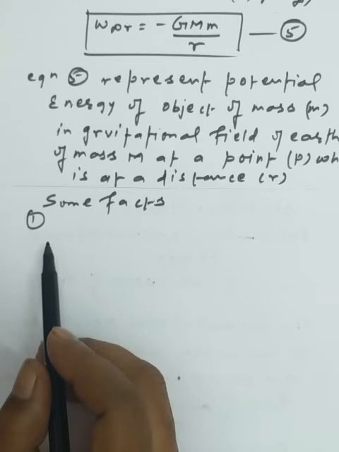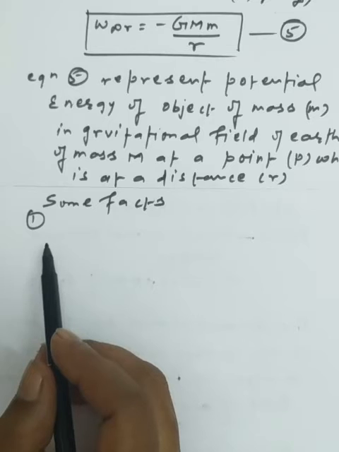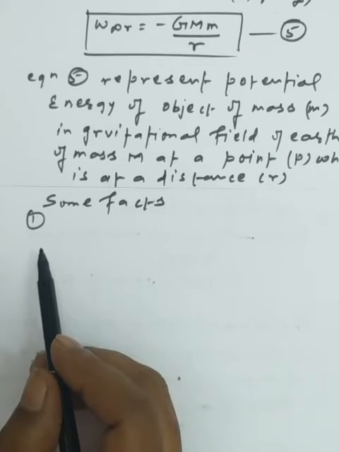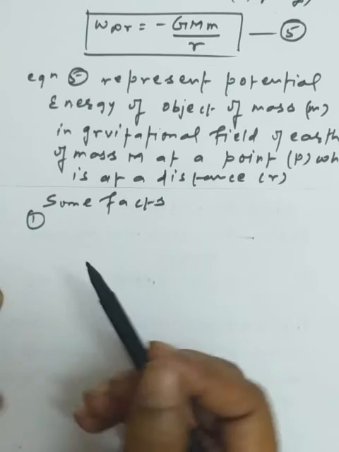This work done is done by the force under the action of a gravitational force. So it indicates that the potential energy is due to the gravitational force of attraction.